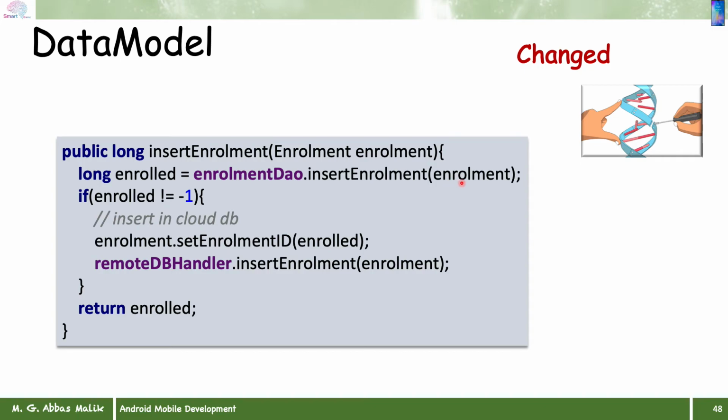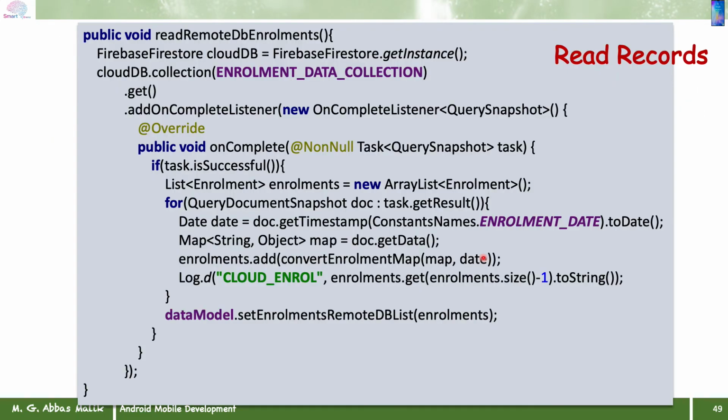So if you don't change it, it will always go into creating a document with the name 0, and update those information over there, overriding the previous information. That we don't want. Because that particular specific insert method has returned me the enrollment ID, I am just setting that enrollment ID inside this enrollment object, and then I am inserting it into the remote database. So in this way we can add the information.